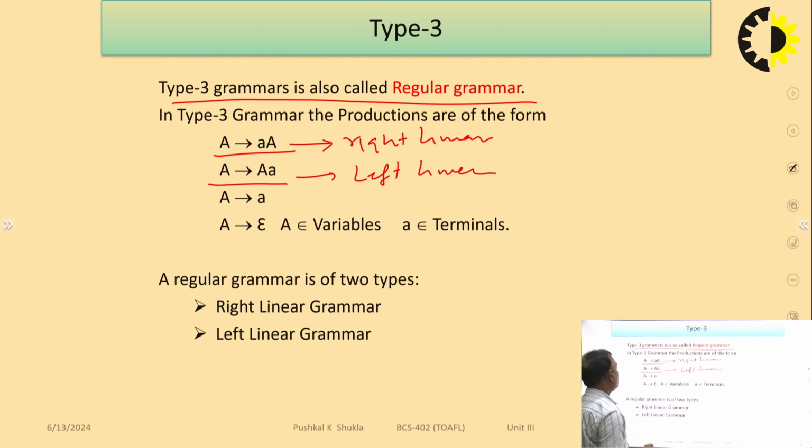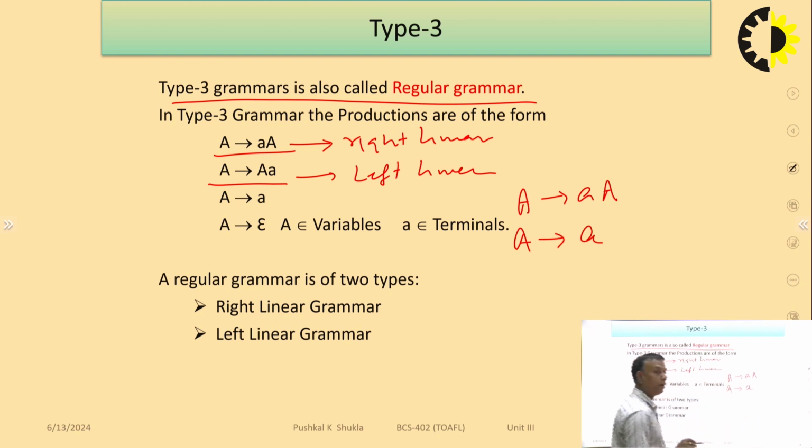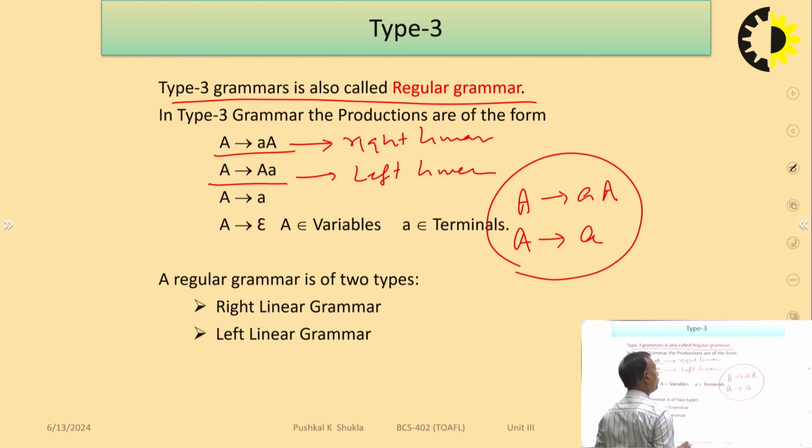A grammar is said to be right linear if it is of the form A equals aA or A equals a. This type of grammar is accepted by finite automata and is known as regular grammar.